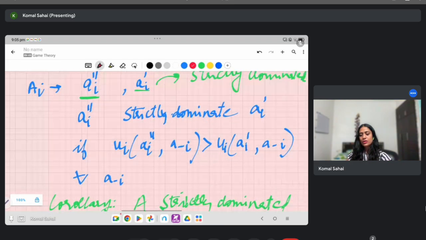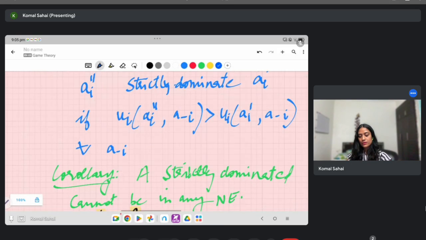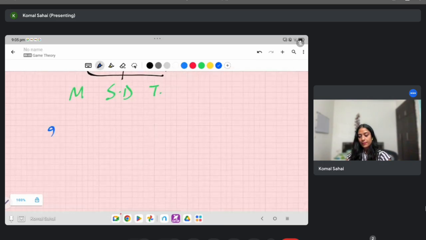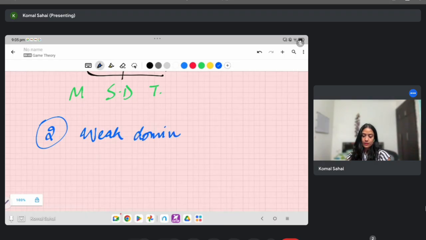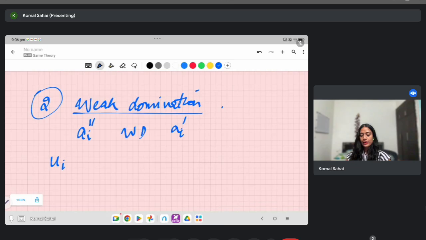So this is just a variant of strict domination where we have that weak domination essentially means, again, you have a_i double prime and it weakly dominates a_i prime for player i if, एक ये तो है that u_i from a_i double prime comma a_minus_i is greater than or equal to. यहाँ पे हमारे पास strictly dominated में था strictly greater than.